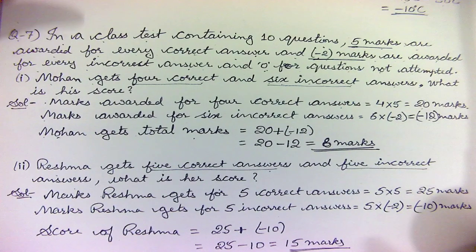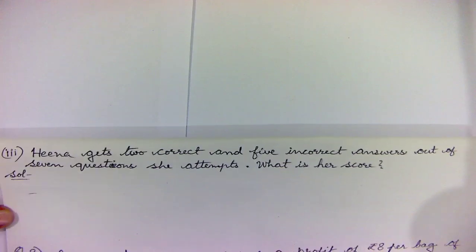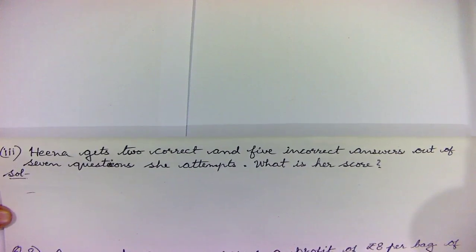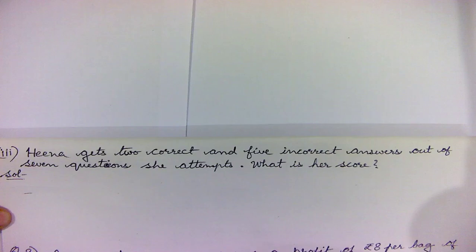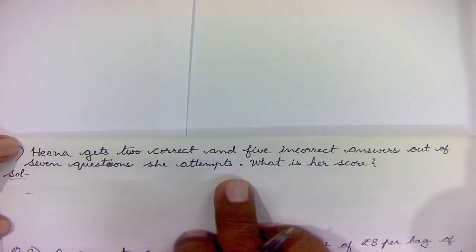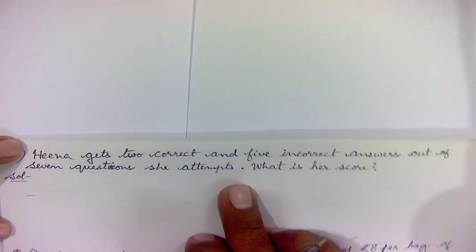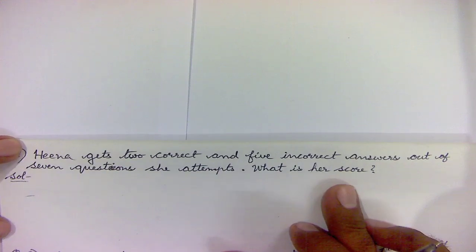Then there is third part of this. The third part says that Hina gets 2 correct and 5 incorrect answers out of 7 questions she attempts. What is her score?